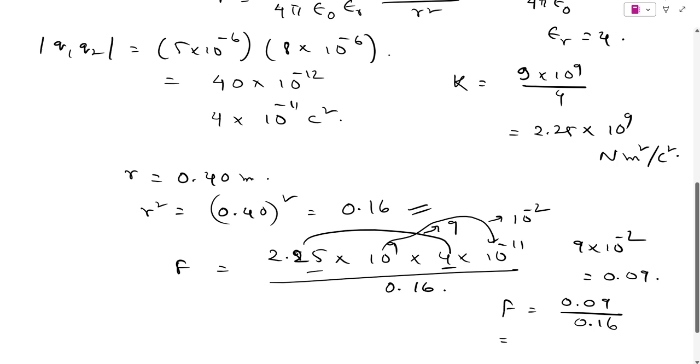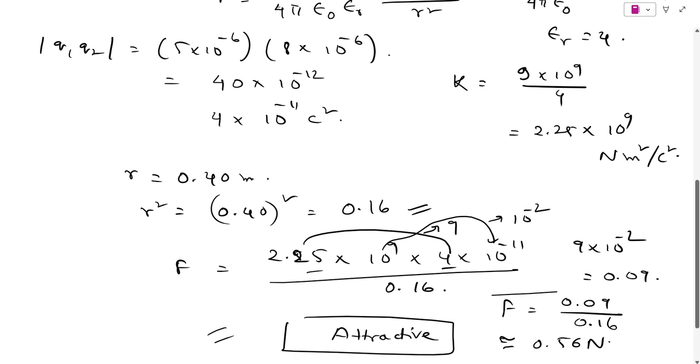So this is 0.56 approximately. And since the charges have opposite signs, the force is attractive. So the electrostatic force is this and the nature of force is this.